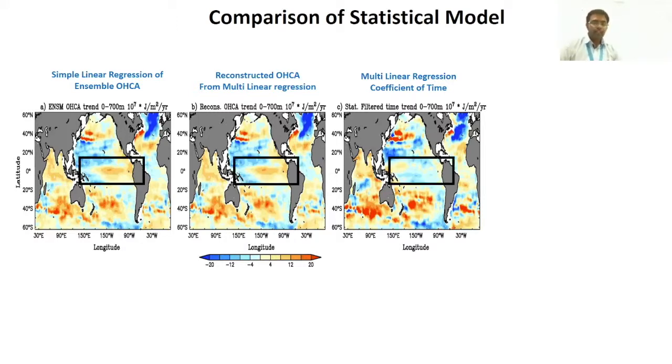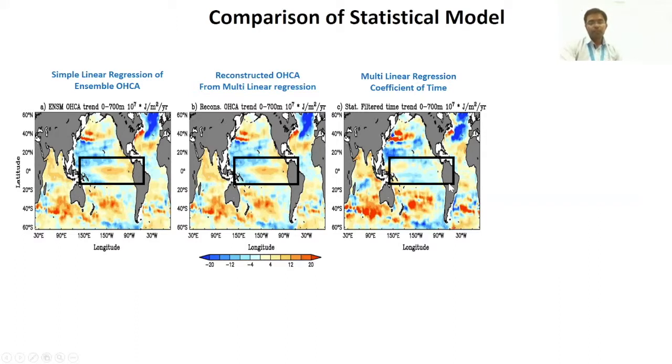We can see that we are successfully able to eliminate the El Nino signal, which is present in the simple linear regression analysis and which also gives the aliasing effect in the trend calculation over the shorter ocean record. By using multilinear regression analysis, we are able to eliminate this kind of natural variability.